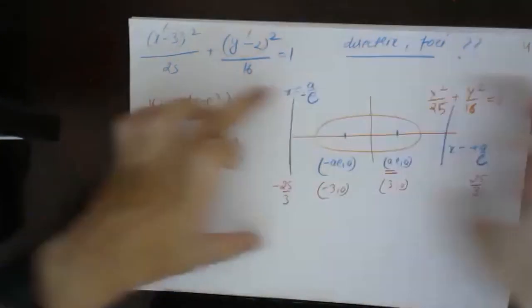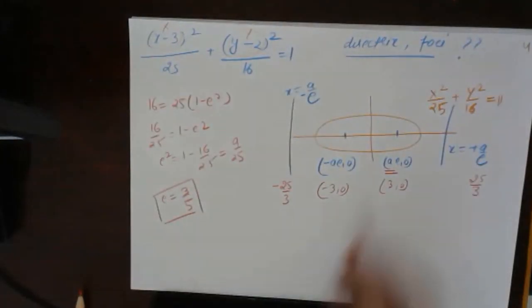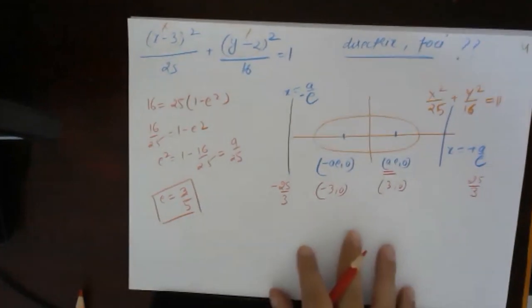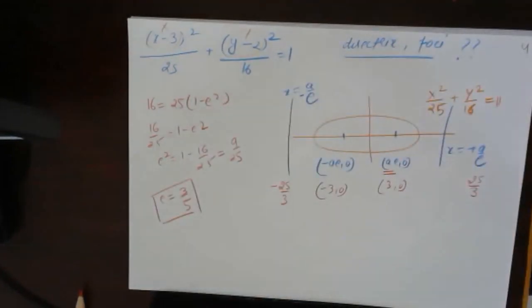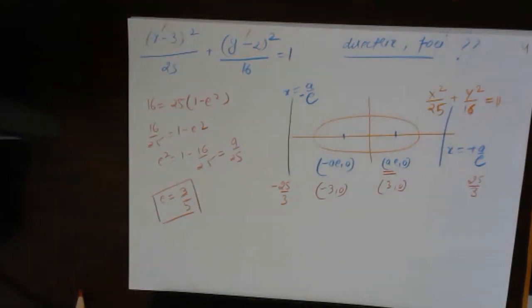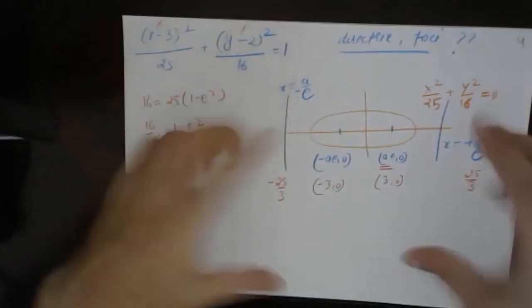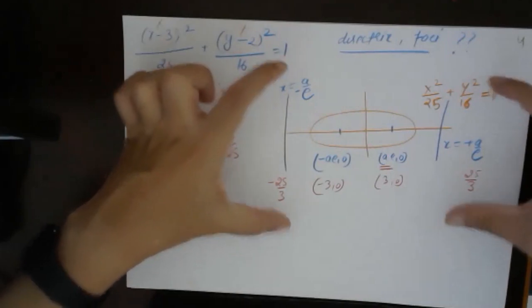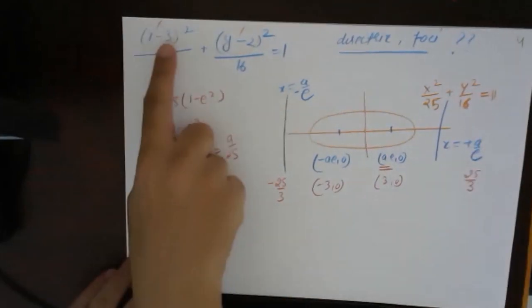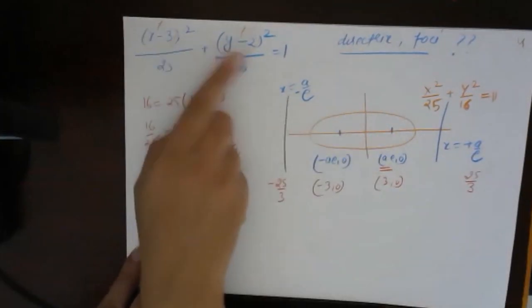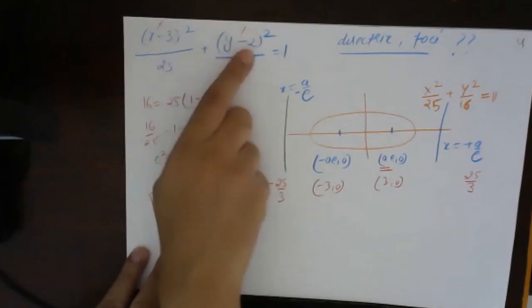So this is the original form of an ellipse if we have the center at 0, 0, which we already know. But think about it. Now what they have done is taken this ellipse and moved its center to 3, 2.